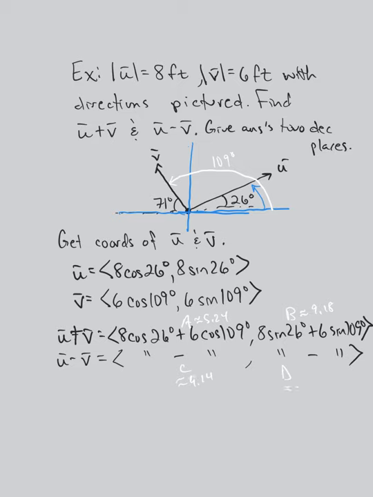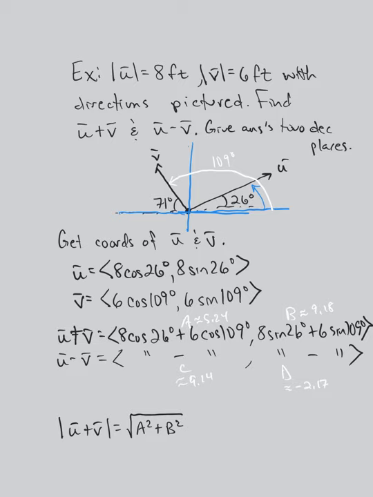But what you definitely don't want to do is use those numbers to do your calculations. Have them stored so that your calculator is saving several more digits. All right, so for the length of U plus V, remember what I do. It's the square root. I square each coordinate, so it's going to be A squared plus B squared, and then I add the coordinates together.